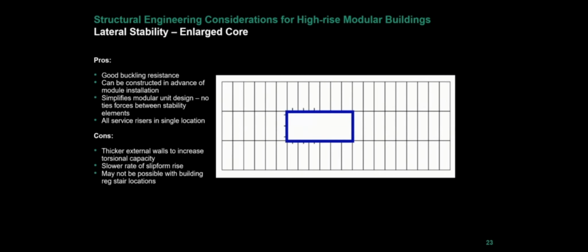And so, if we were looking at a building from the very beginning, we'd really be pushing everyone, the architects and clients, to try and get a single core option to work as a starting point, because it simplifies all your modular connections. We can elongate the core like we've shown there, to reduce the cantilever effect on one side. But there are obviously drawbacks, especially with new building regs and the number of stairs and fire escape routes that obviously need to be considered as well. From a structural perspective, a central single core is the best option to simplify the modular unit design.